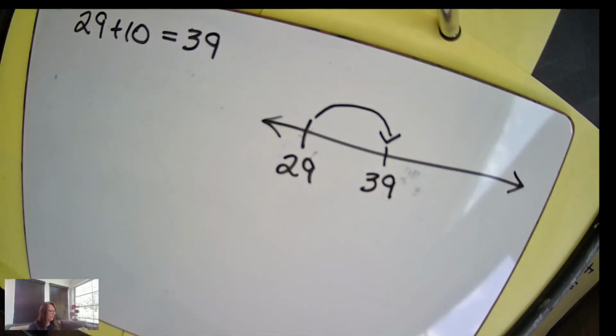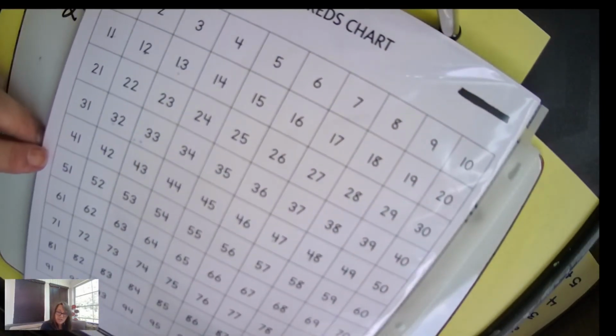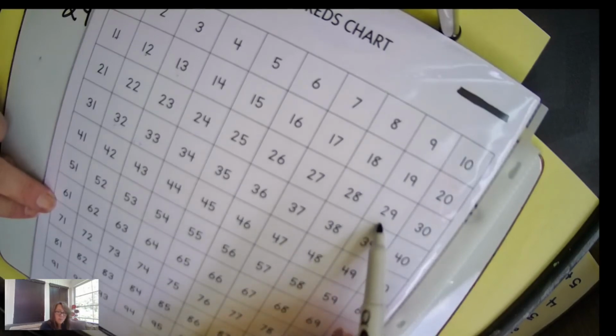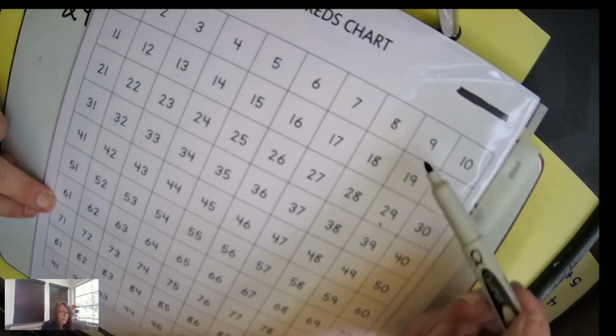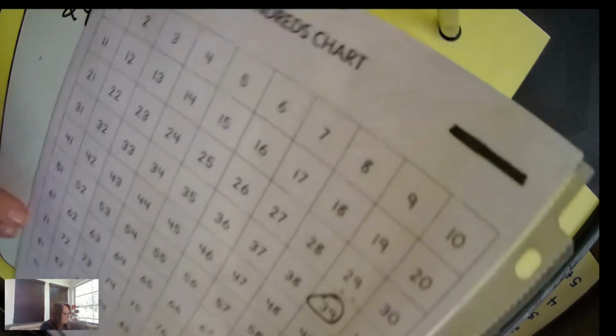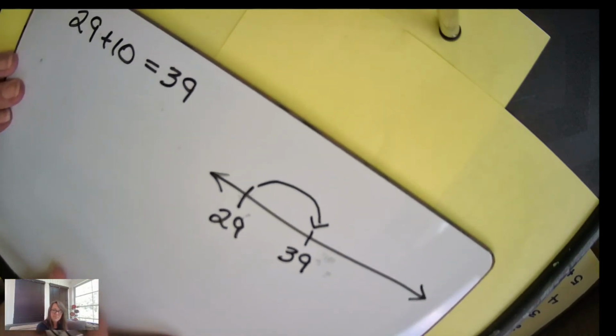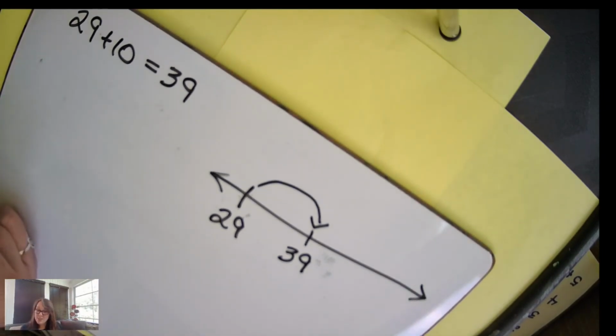I can also check that by looking here on my hundreds chart. Here's the number 29, and I know that when I move down one row, I'm moving by increments of 10. So 29 plus 10 more is 39. Very good. Let's do one more.